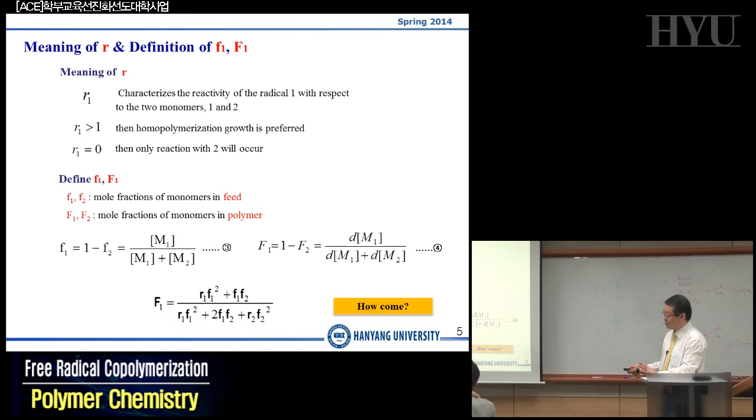So the large F1 is equal to 0.5. Okay, you can predict that 0.5 in your copolymer systems from this copolymer equation as well.